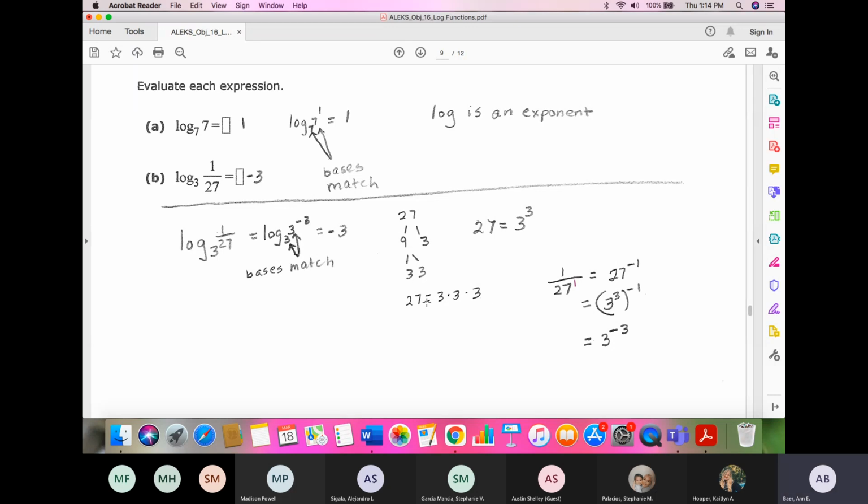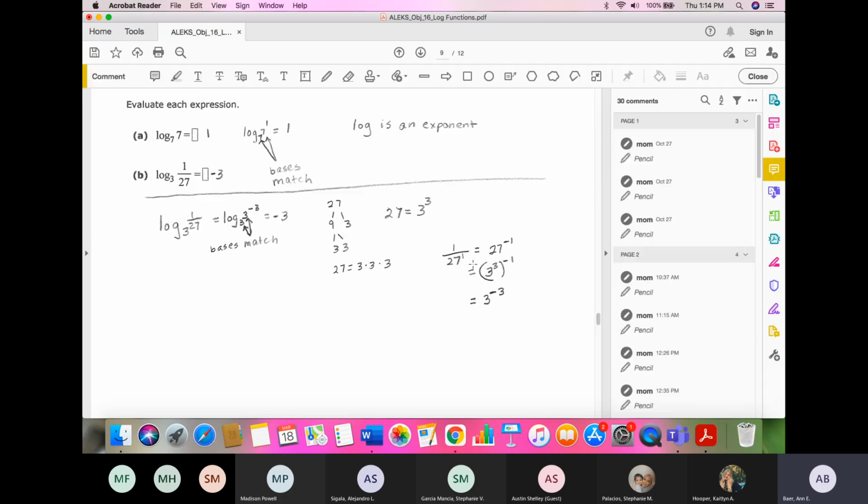Now what do we do? Well, we have a property of exponents that we can use.